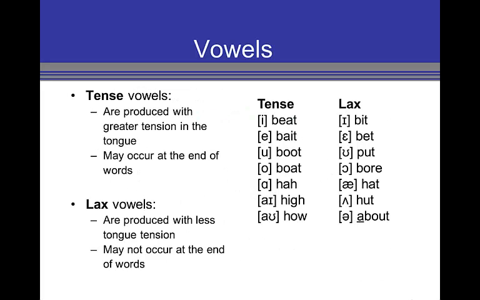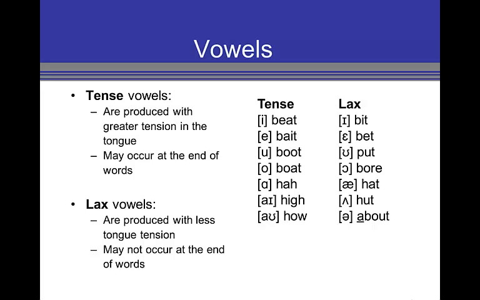Tenseness refers to a distinction between tense and lax vowels based on the tension of the tongue and also mostly how these vowels pattern together. So tense vowels in English include the vowels i, a, u, o, a, i, and ow. They tend to be produced with a somewhat longer duration and may occur at the ends of words in English.